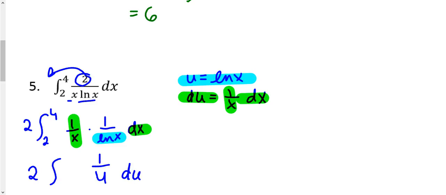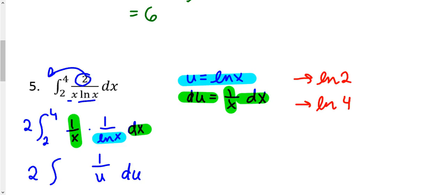And either you need to put the x's back into this problem, which is what I did on my paper, or you need to change your limits to u's. In that case, we would plug them in here, and we'd have the ln of 2 and the ln of 4.